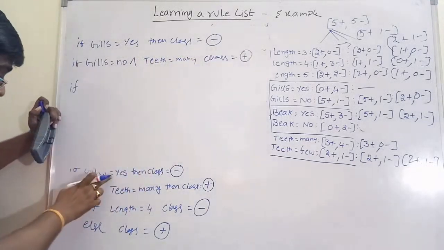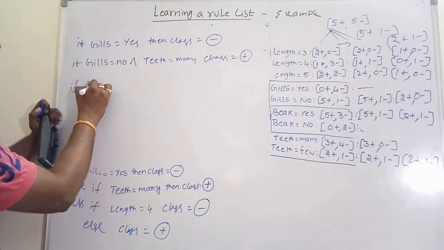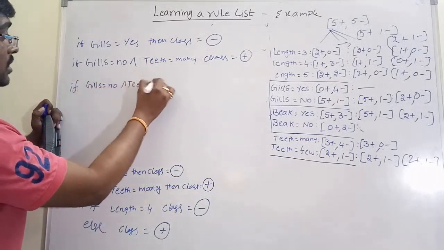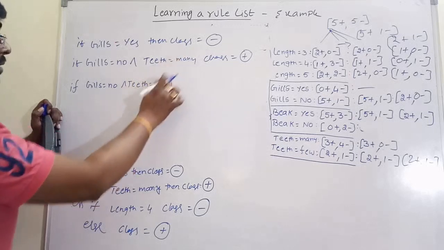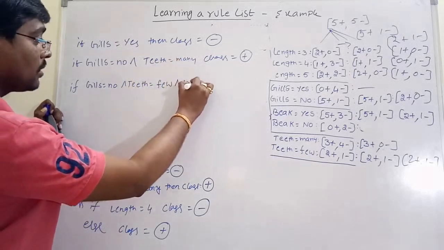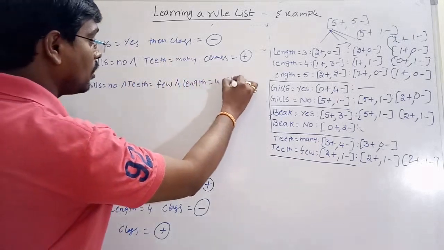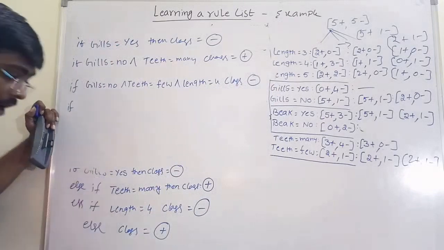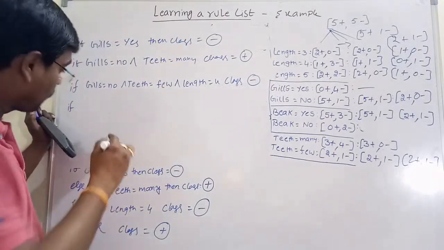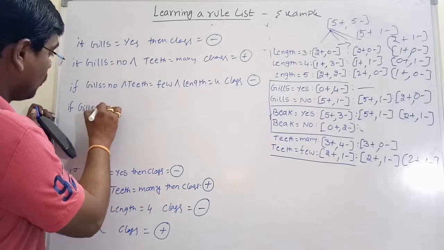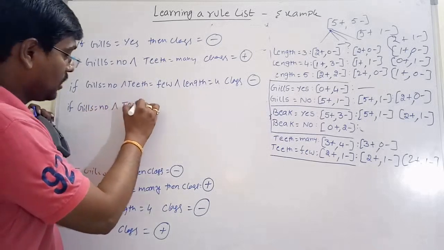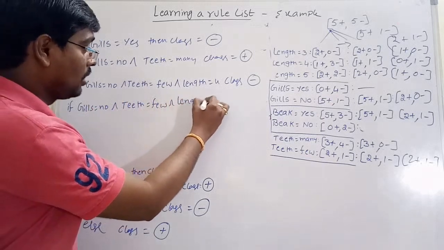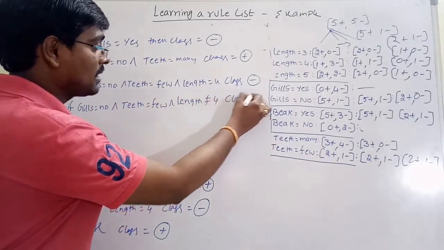If these two conditions fail, that means gills is equal to no and teeth is equal to few, the opposite of many, and length is equal to 4, then class is equal to minus. If all the cases fail, that means gills is equal to no, teeth is equal to few, and length not equal to 4, then class is equal to positive.